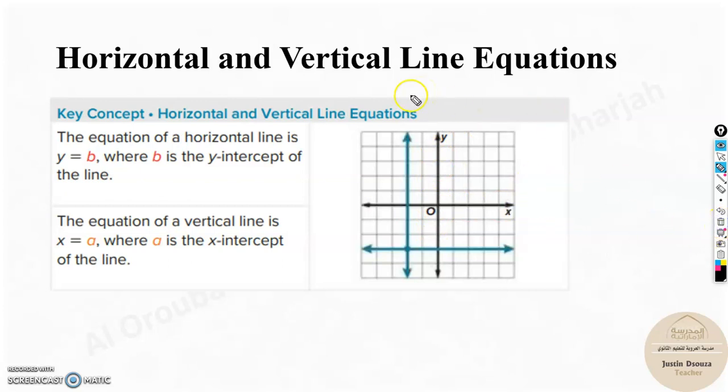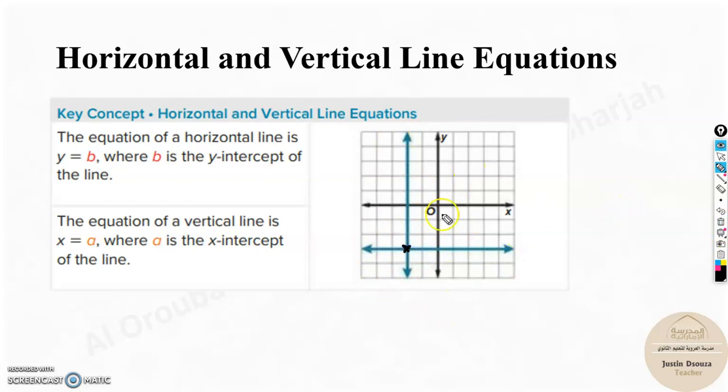Now there are a few important things which you must remember. Whenever we have two vertical or two horizontal lines like this, they are always parallel. And if one is vertical and one is horizontal, like this example over here, then it is always perpendicular.